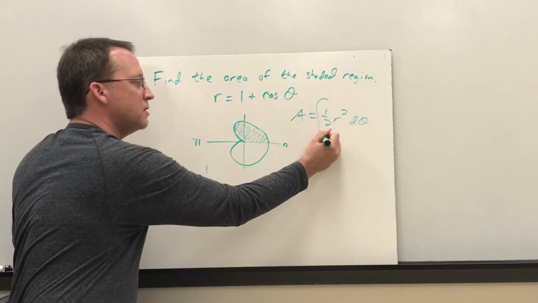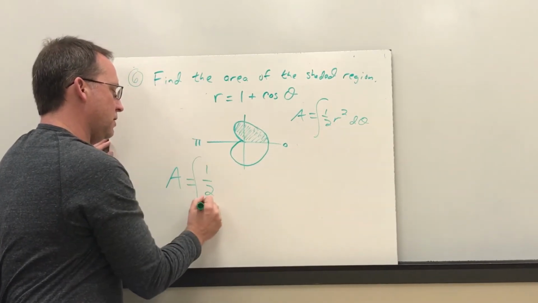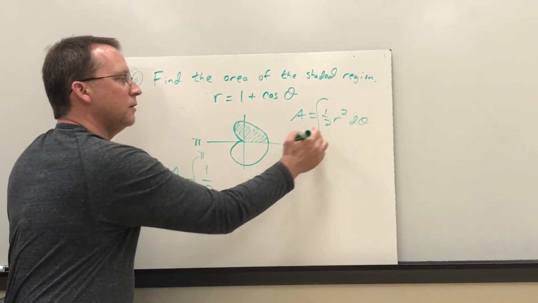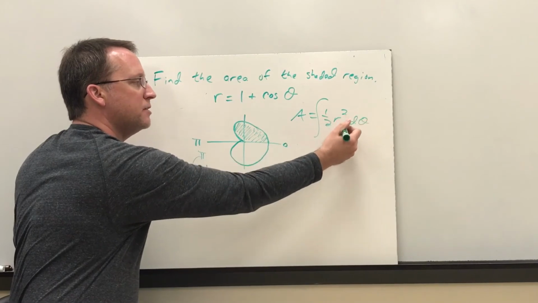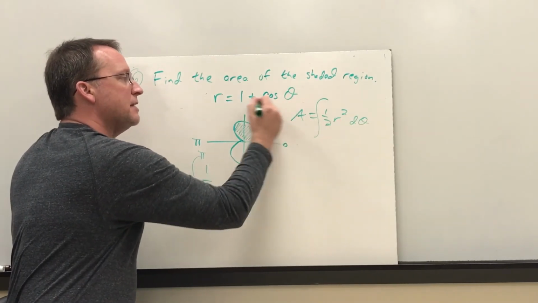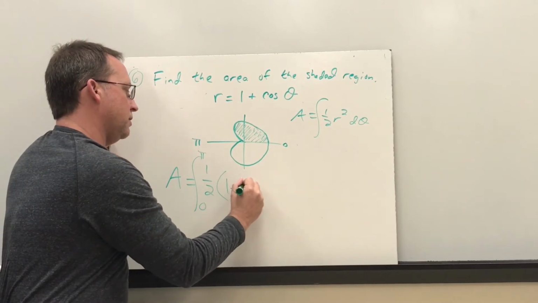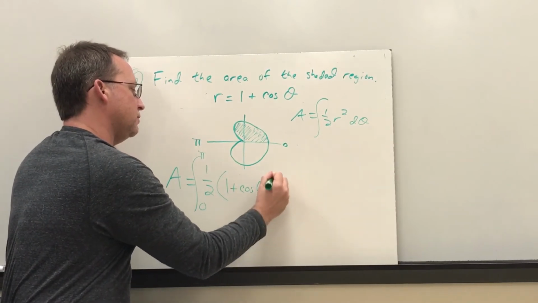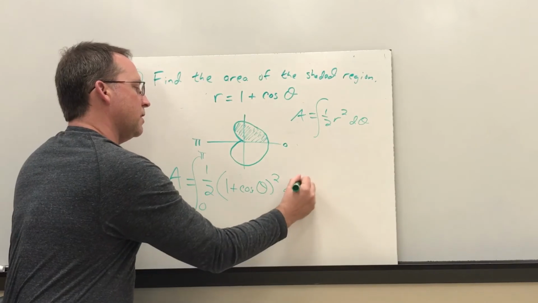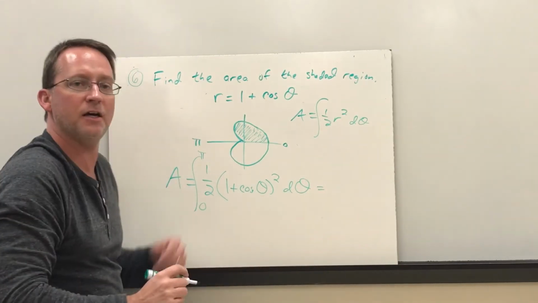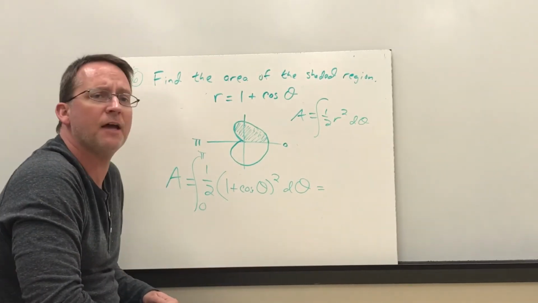So our bounds in this problem are going to be from 0 to pi. All right, it's 1/2 r squared d theta. Since r is this expression, we're just going to plug that in. 1 plus cosine of theta squared with respect to theta. That's your setup. Put that in your calculator.